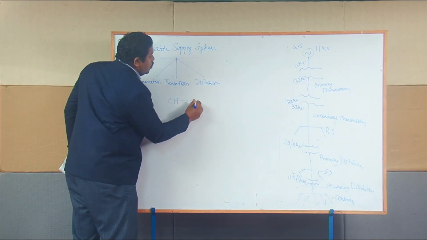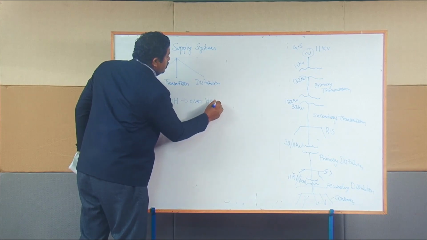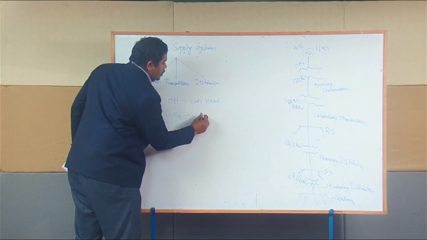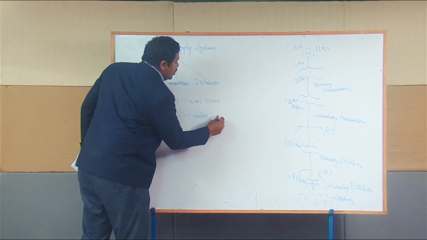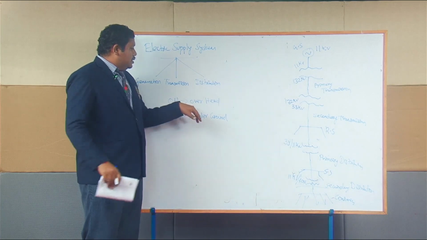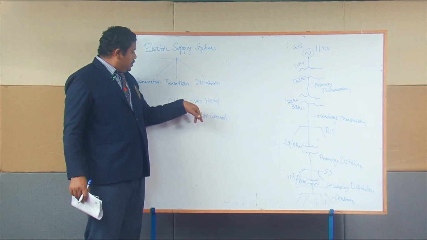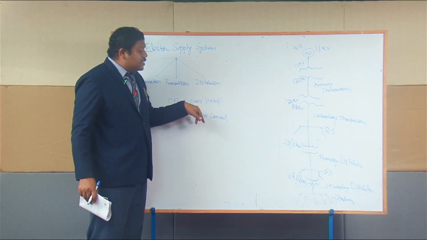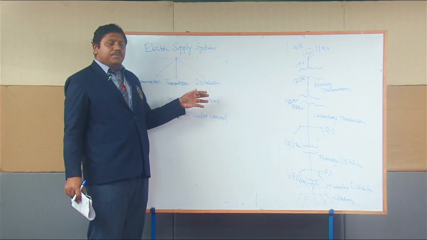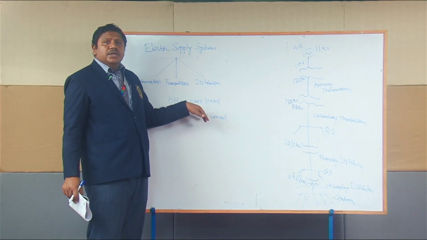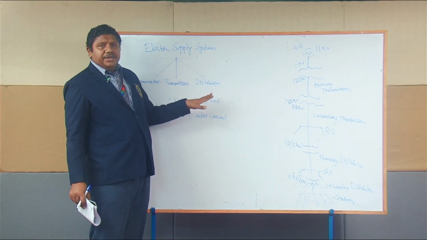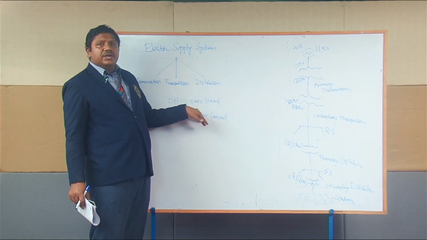The overhead system is hazardous to human beings and birds, and is open to the atmosphere. Natural disasters may affect the transmission line, and there is a chance of lightning hitting the overhead transmission line.